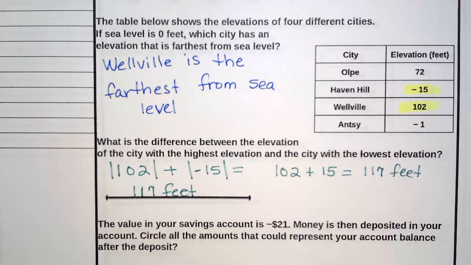Okay. If you're looking at total distance, you've got to find the distance both of them are from 0, which is an absolute value, and then add that absolute value together.